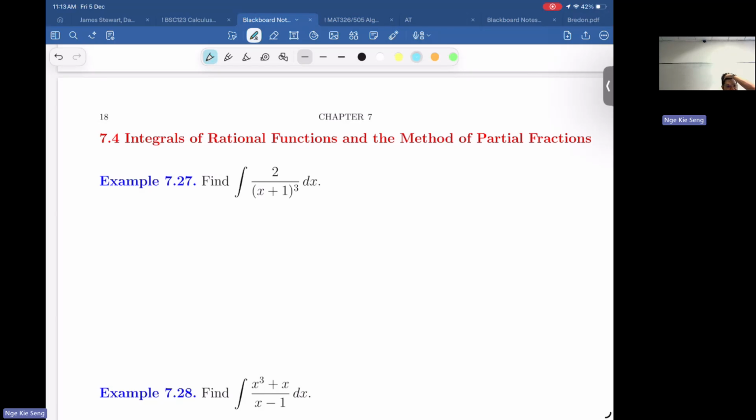So what do you reckon? What can you do in the first one? The first one is quite easy. You know how to integrate polynomial, right? Can you make this into a polynomial? So the x plus 1, what can you do with it?